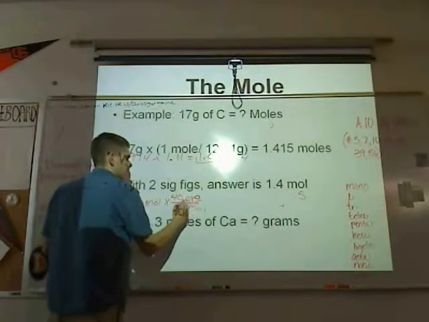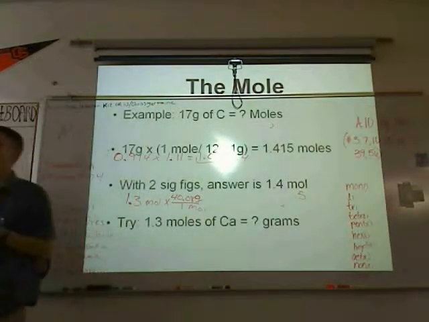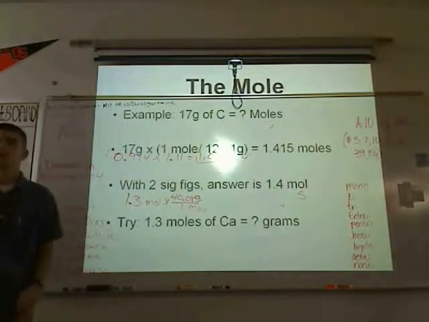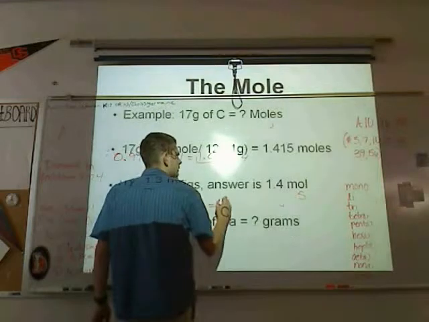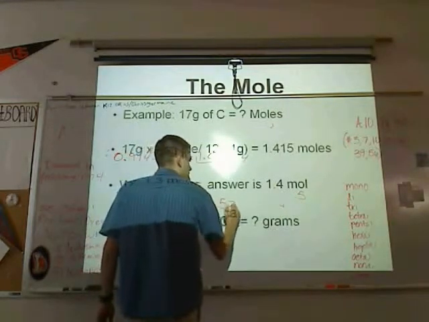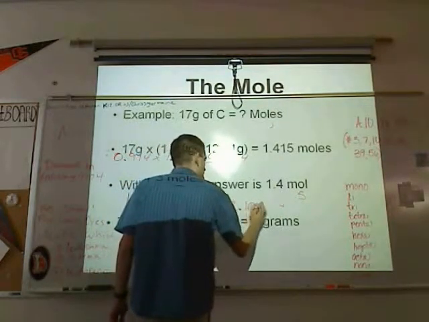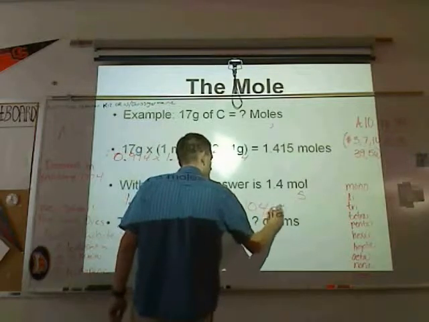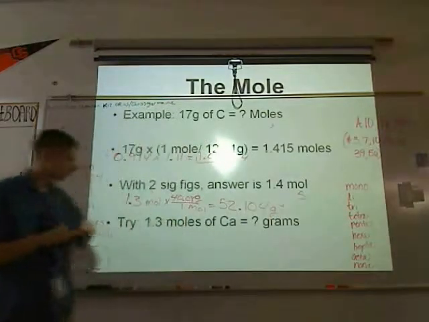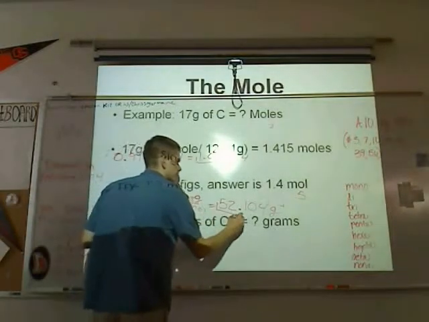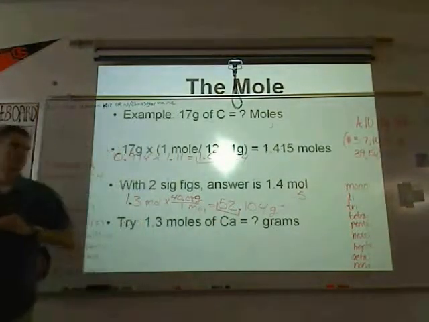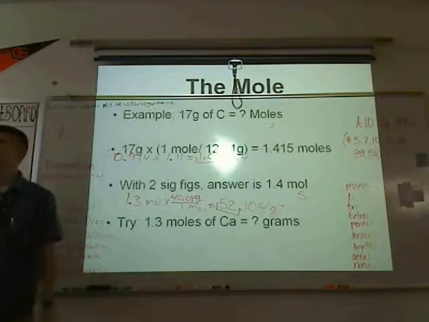Oh, it's different. Every atom has a different mass, yes. So what does it come out to be before you round? 52.104. And you only get 2 sig figs. So your answer is 52 grams.